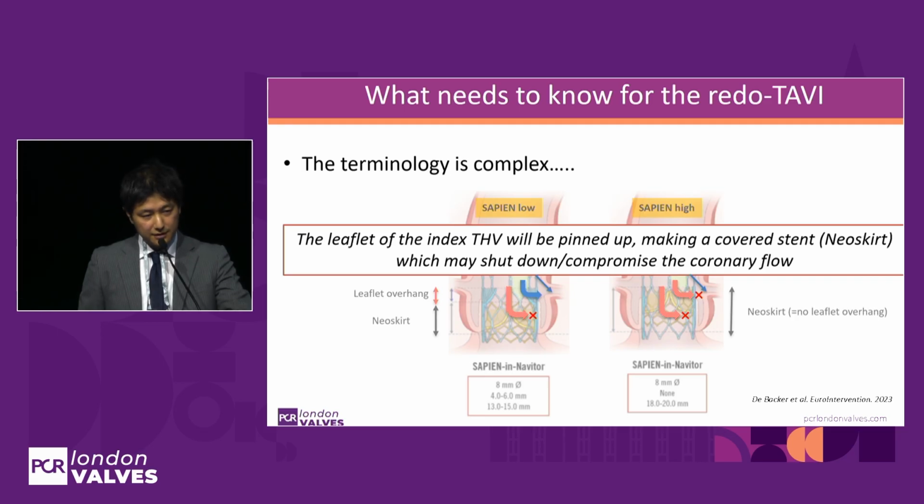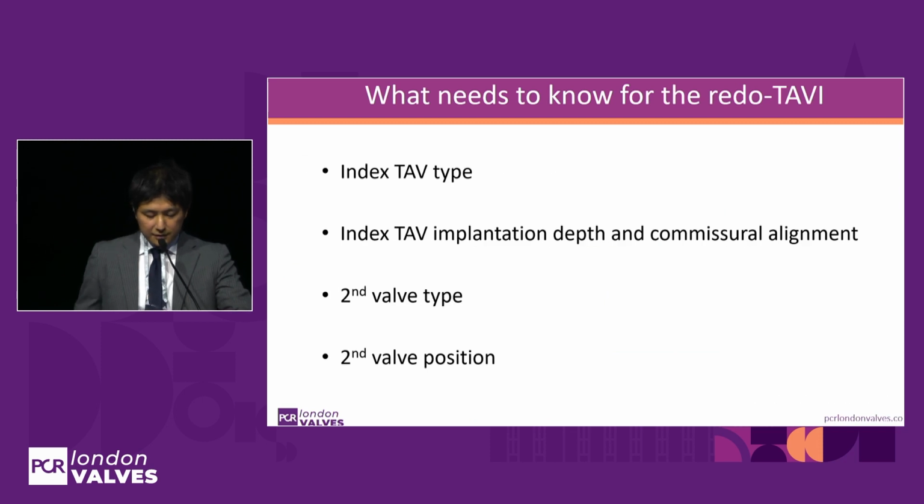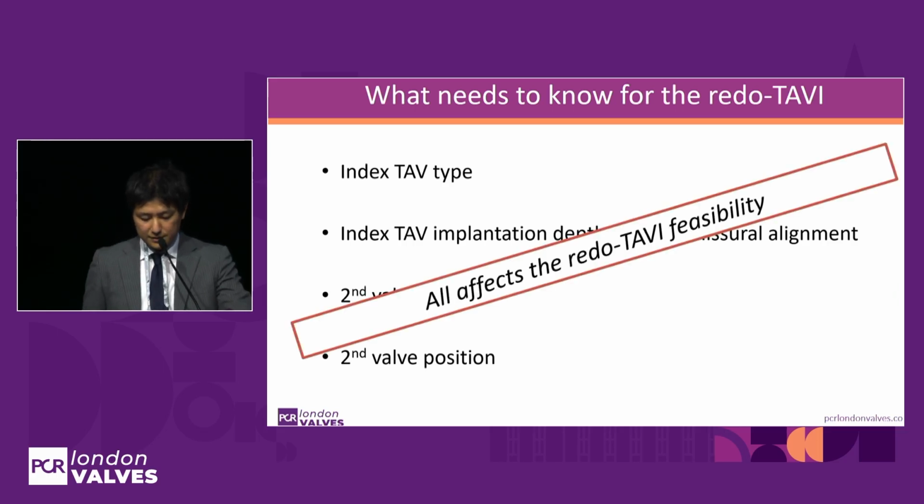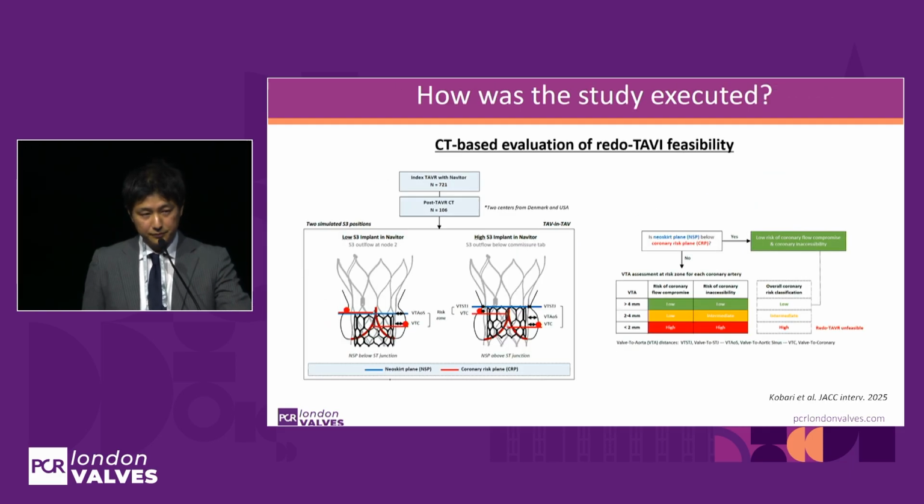And the rest of the index TAVI leaflet, we call it leaflet overhang, which we are not sure yet of its impact on hemodynamics. Technically, we also should know that index TAVI type, implantation depth, and the commissural alignment of index TAVI, and also second valve type and second valve position, all affect the redo TAVI feasibility. That is why the choice of the index TAVI is very important.